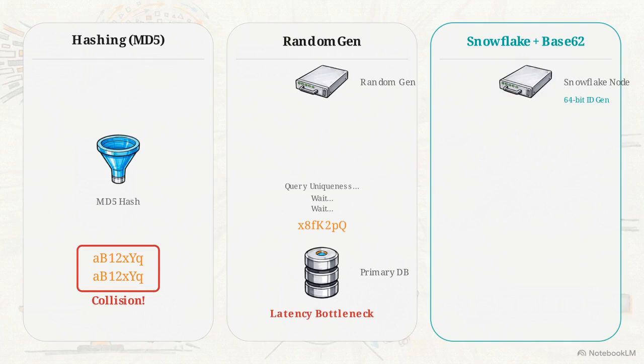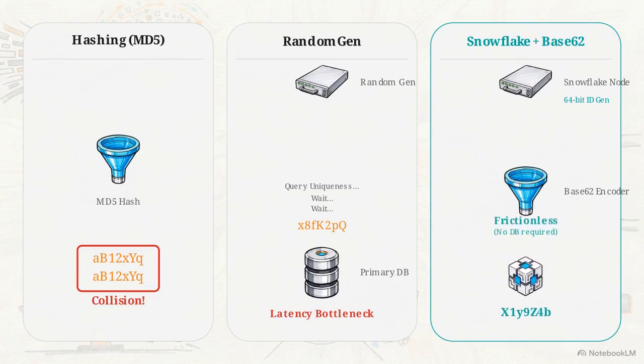The third column illuminates the optimal solution. Instead of hashing or guessing, you'd use a distributed, globally unique ID generator, like Twitter's Snowflake architecture. This standalone node instantly produces a monotonically increasing 64-bit integer without ever touching a database. You then run a mathematical conversion on that 64-bit integer, translating it directly into a 7-character base 62 alphanumeric code.